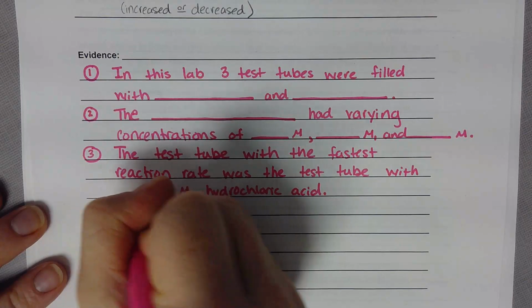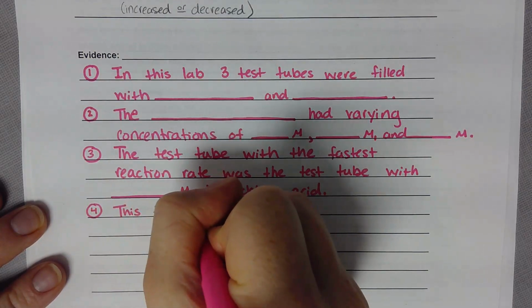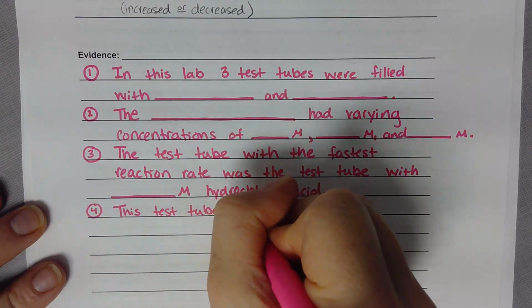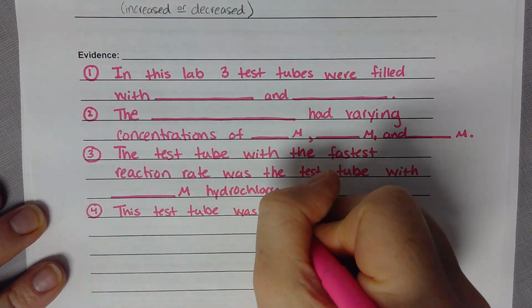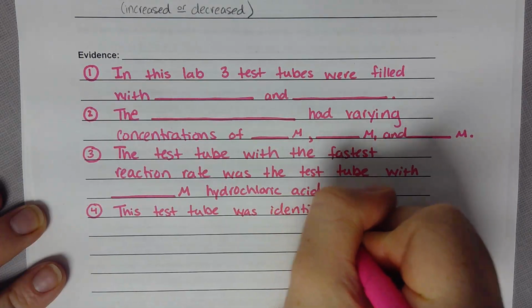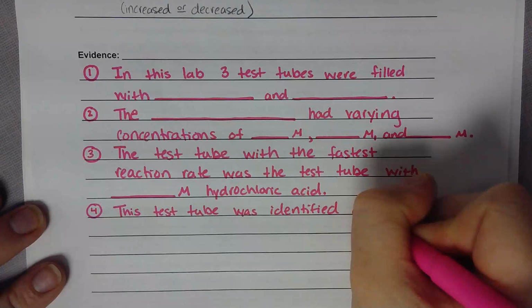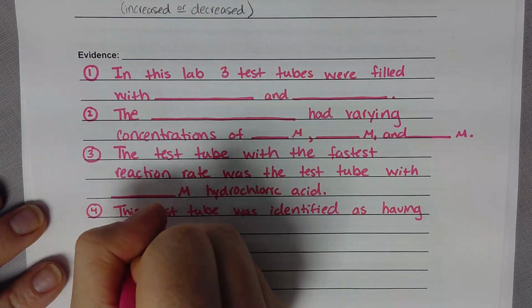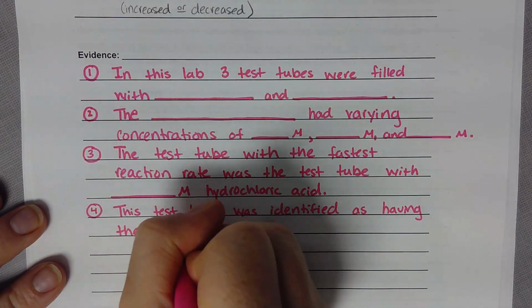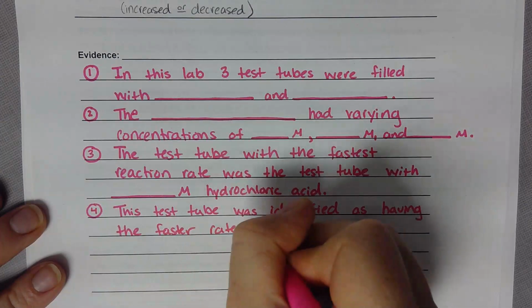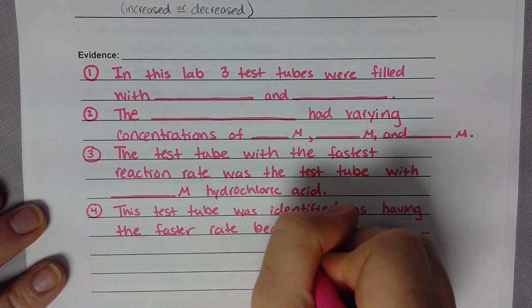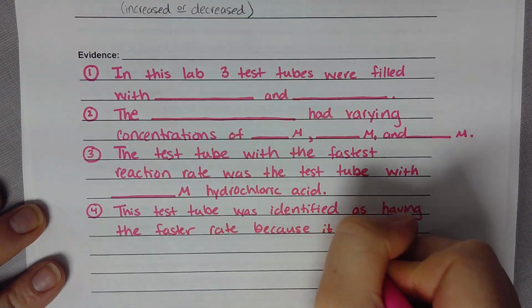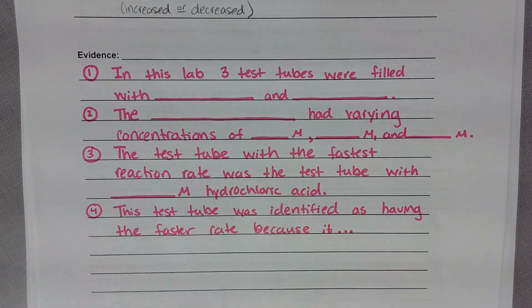So this test tube was identified as having the faster rate because it blank, blank, blank. And then describe the observations you saw that let you believe that this test tube had the faster rate.